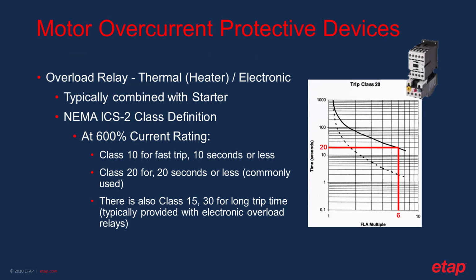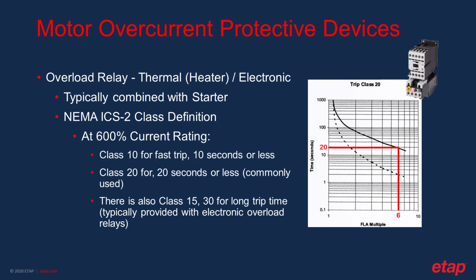The overload relays are typically combined with starters and have a class for the duration of the trip time. Based on NEMA ICS 2 class definition, a class 20 overload relay would trip the motor at a current of 600% of current rating in less than 20 seconds.